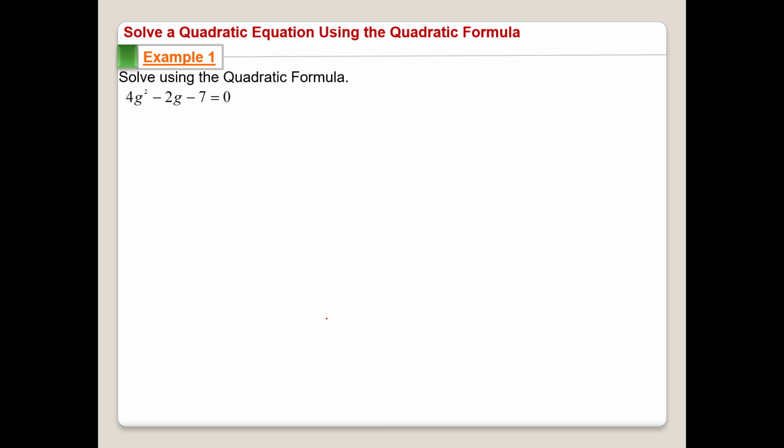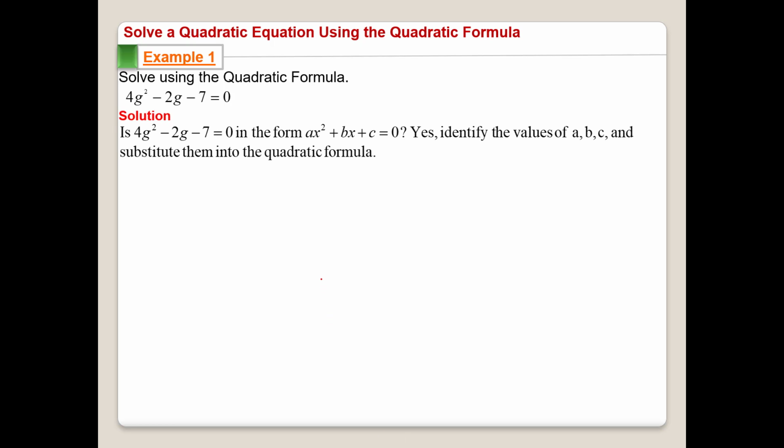So, solve using the quadratic formula. Well, looks like we've already got it in our ax squared plus bx plus c equals 0 format, and we need to identify the values of a, b, and c. We see a equals 4, b is negative 2, and c is negative 7.